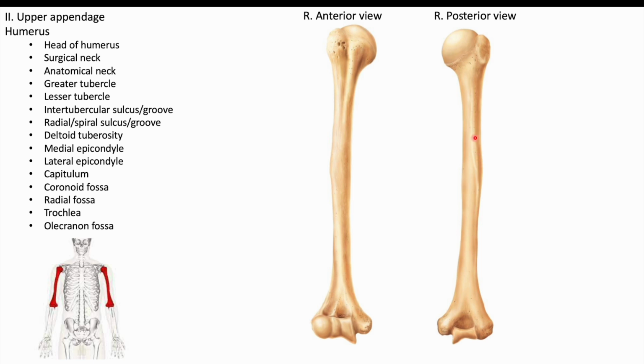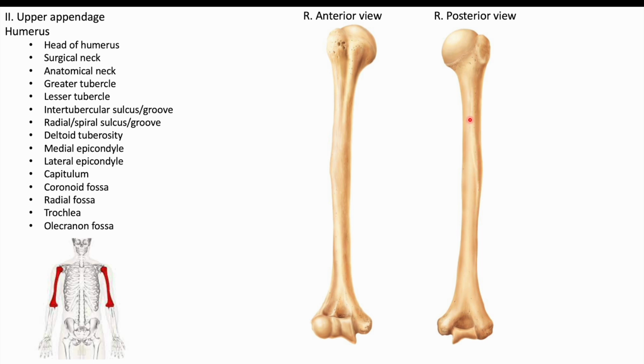Now, on the posterior view, there's also this other groove that you see here. This other groove is called the radial groove, also called the radial sulcus as well. And in addition to that, because it's sort of spiral, this is where a lot of spiral fractures occur. It's also called the spiral sulcus and also the spiral groove.